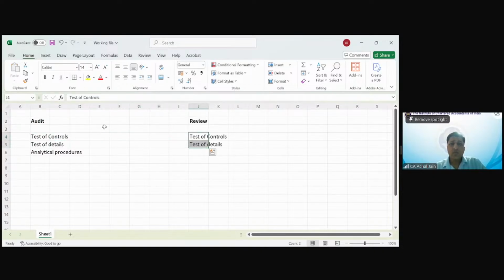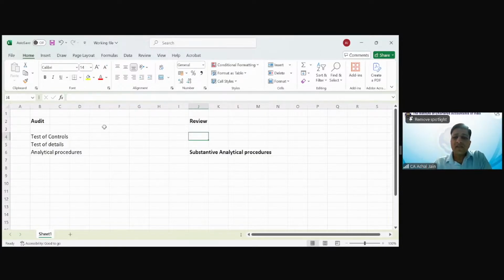So what is it that he'll do? He'll be focusing on analytical procedures, or you can say he will be looking into substantive analytical procedures. Now, what is the meaning of substantive analytical procedures? Can somebody explain?